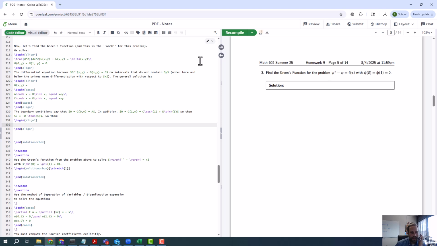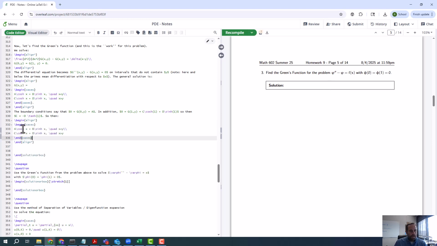Okay, so then we're going to get, let me just make sure I did that right. So we subtract d, divide by that. Okay, so we're going to get the following then. Okay, so a is equal to 0, so that's just going to be like that. And then c is going to be equal to minus d tanh of 1.